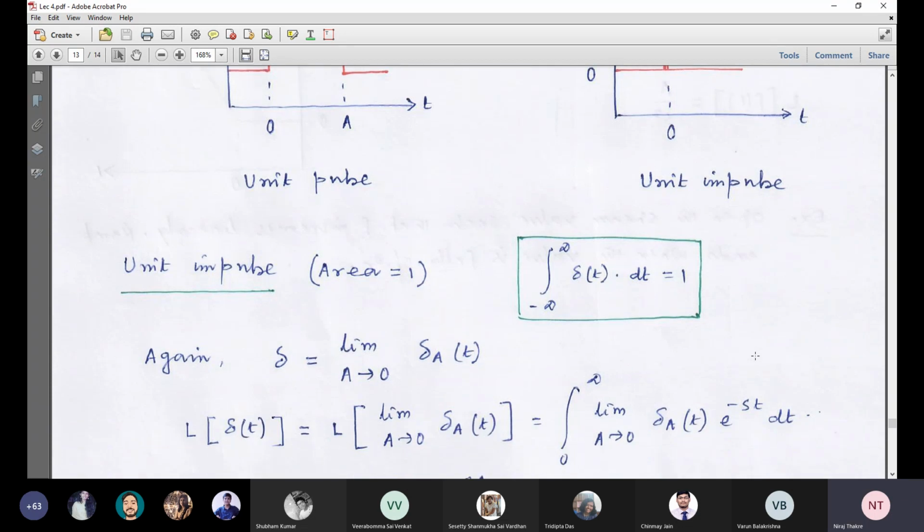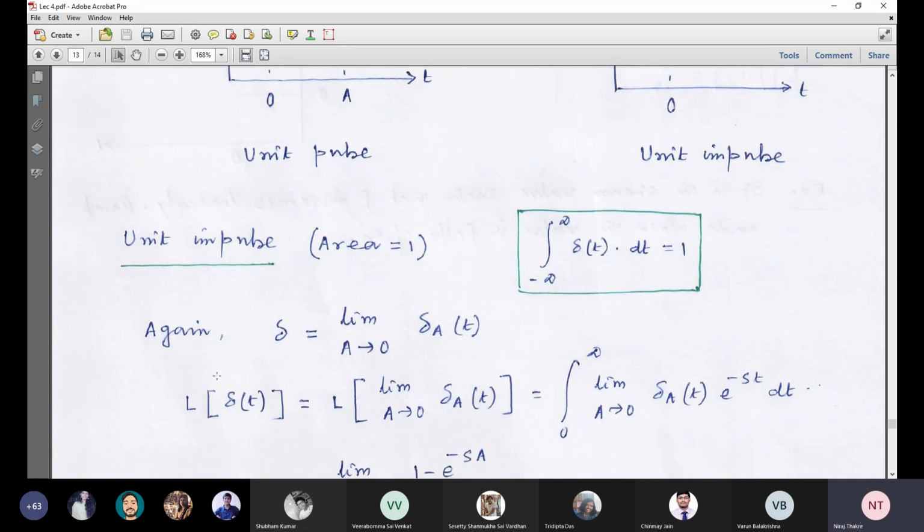Now you come to this portion. We are representing our unit impulse function by del. So del is basically, you see, limit a tends to 0 of del suffix a.